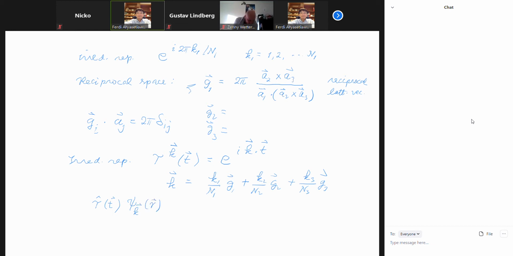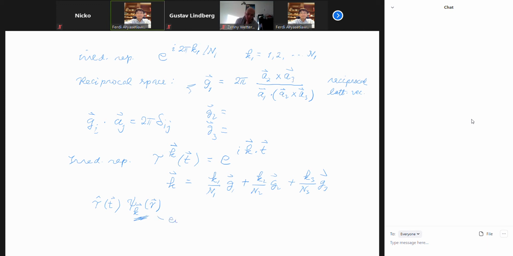So we recall that the eigenstates of the Hamiltonian can be used as a basis for the symmetry group. So here we have a one-dimensional representation, so we just have one state.